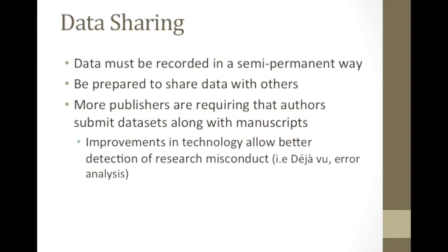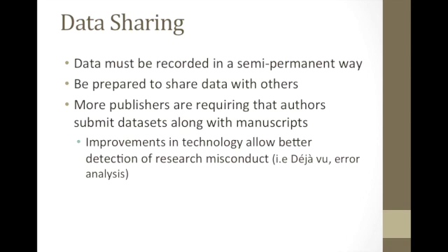That is a red flag nowadays for researchers who are concerned about whether there's been research misconduct. You really should be prepared to share your data with others. In fact, more and more publishers now require that authors submit their data sets in an Excel file or some other spreadsheet program along with their manuscripts, because improvements in technology now allow us to detect research misconduct.